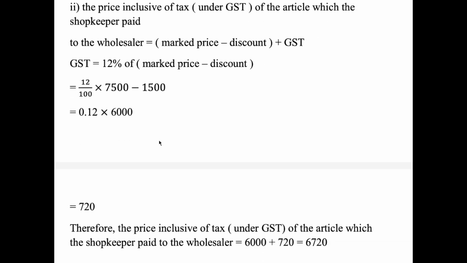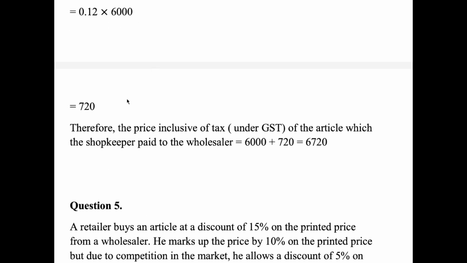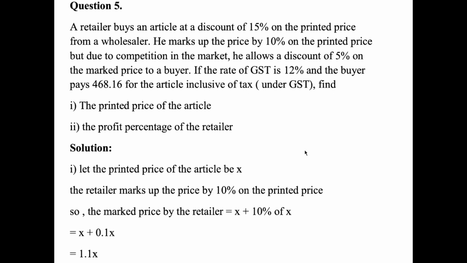Ultimately that comes to 720. Therefore the price inclusive of tax under GST which the shopkeeper paid to the wholesaler is 6000 plus 720, that comes to 6720. Okay.